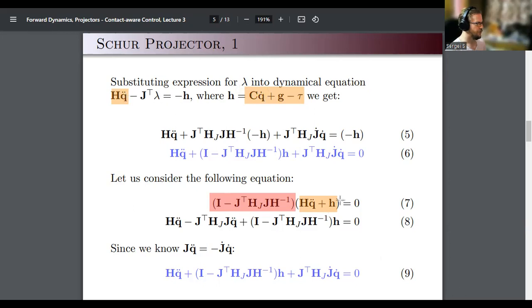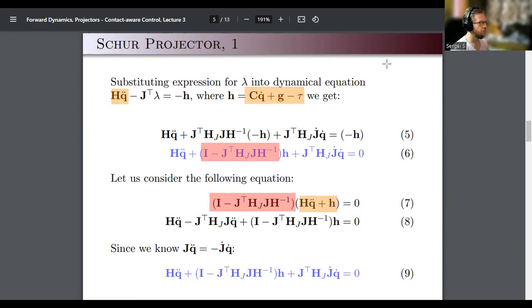So this equation in orange is H q double dot plus C q dot plus G minus tau. This is just the manipulator equation in the form where the right-hand side is 0, but without constraints. Times this red expression, which is the same thing: I minus J transpose H sub J, J H inverse. The exact same expression, but now multiplying the manipulator equation.